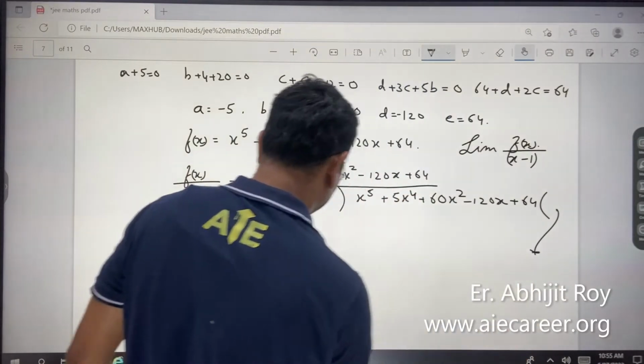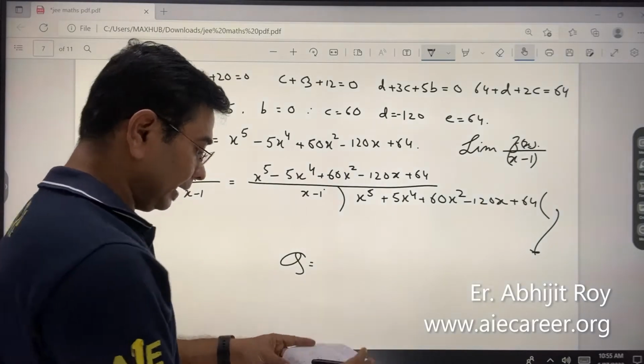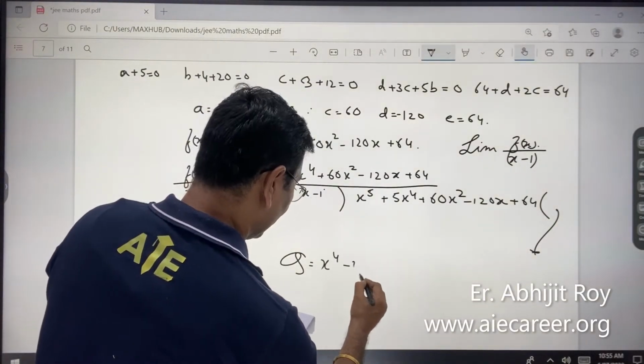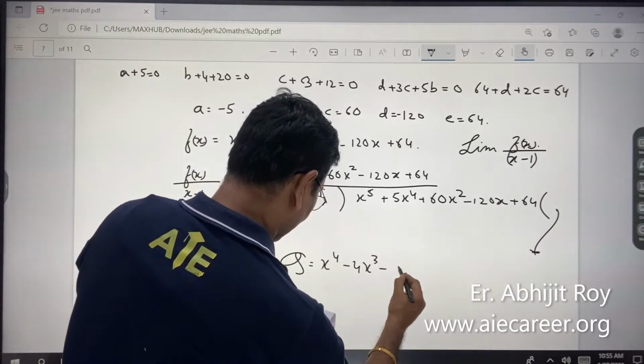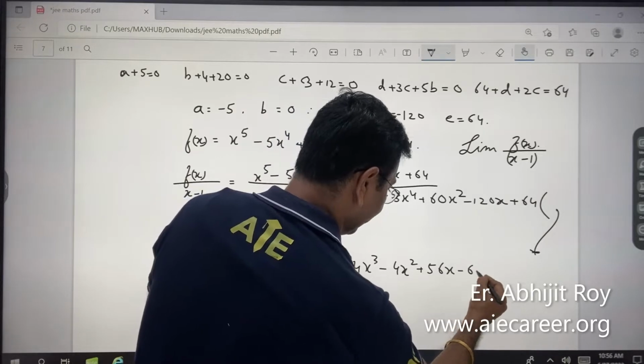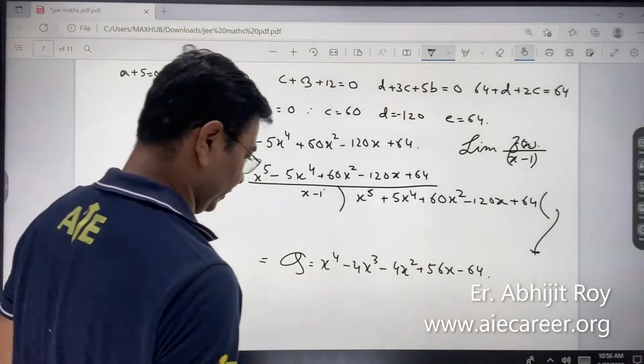This is the quotient part, and the quotient part you are going to get it as, I have done this, okay, and this is nothing but your x to the power 4 minus 4x cube minus 4x square plus 56x minus 64. So this is my quotient part of the equation.